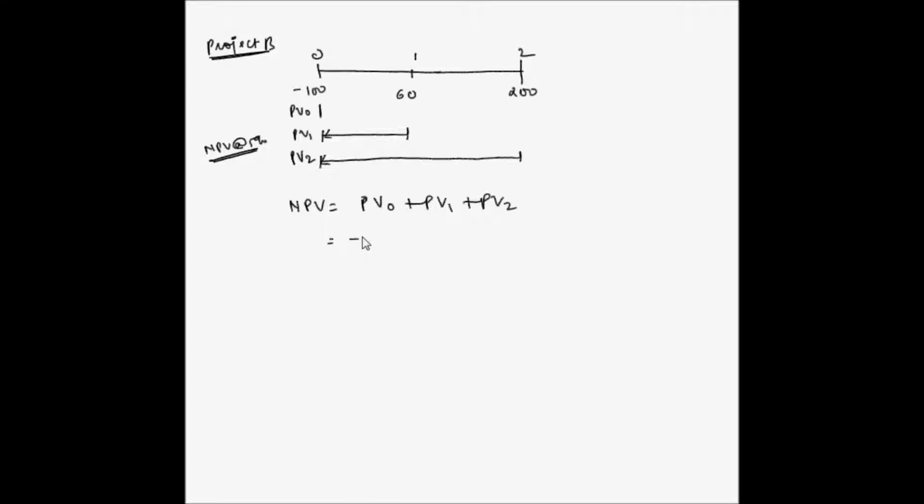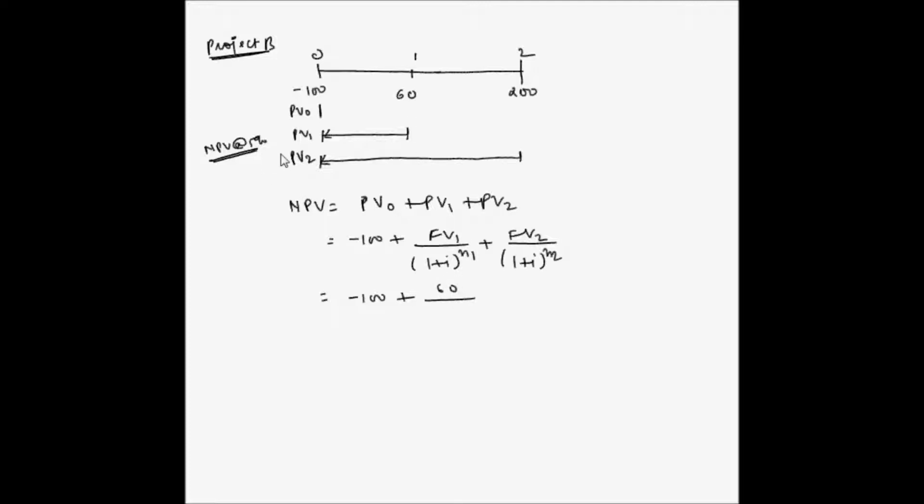So this is minus 100 plus FV1 divided by 1 plus I to the power n1 plus FV2 divided by 1 plus I to the power n2. So this is equal to minus 100 plus, now in the first cash inflow, the FV1 value is 60.